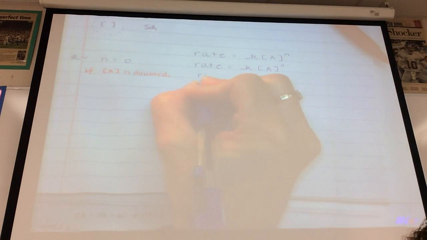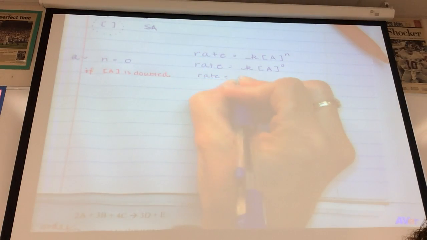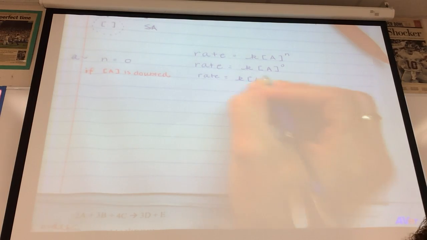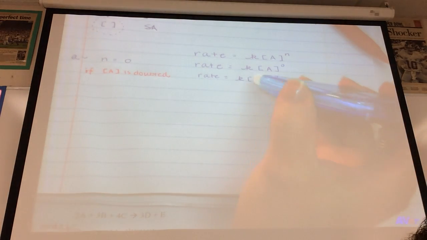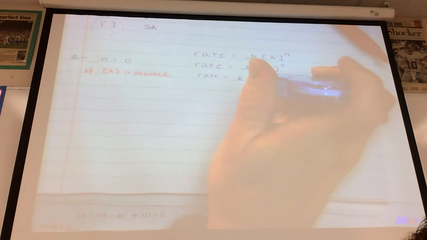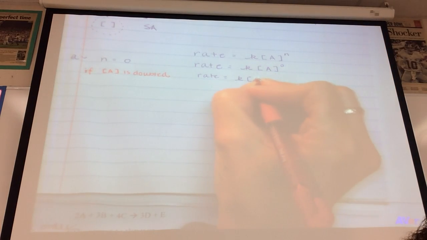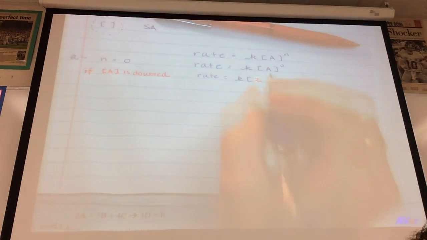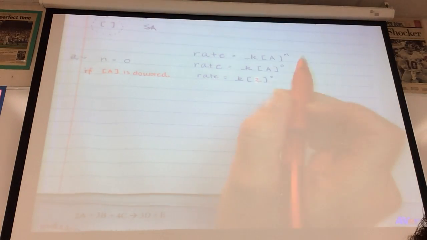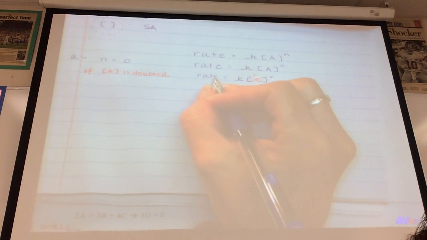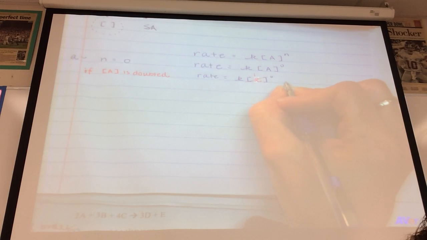I have rate is equal to K. Instead of putting A in, I'm going to put a 2 in, because if something's doubled, it's going to be 2 times what it was. And 2 to the 0 is 1. And so if A is doubled, there's no effect on the rate.